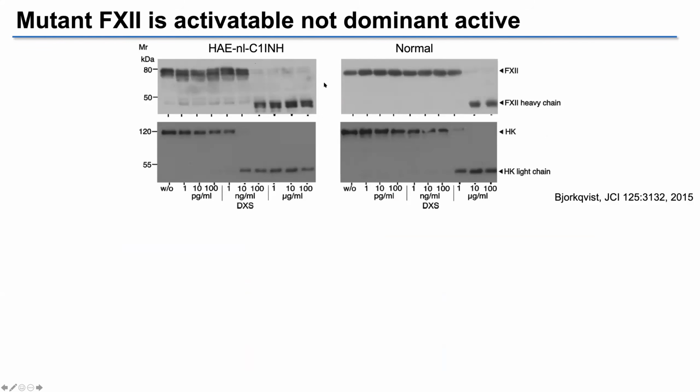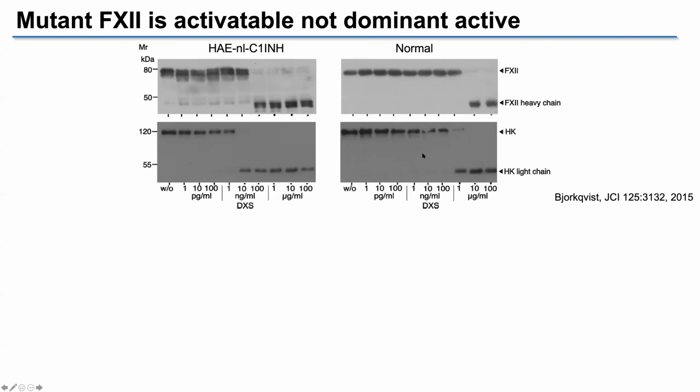The factor 12 was the first described, and in a beautiful study in the Journal of Clinical Investigation a few years back, this group showed that the mutant protein was activated too early and high molecular weight kininogen was cleaved very easily compared to normal.